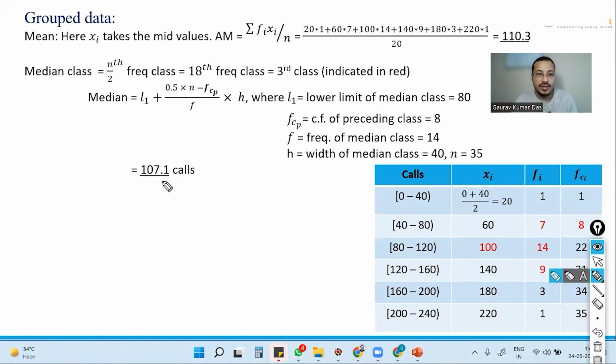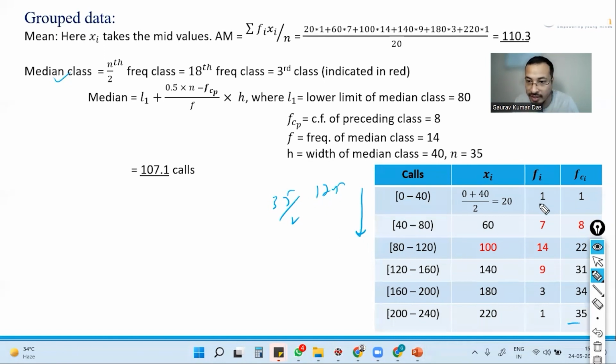When we have to find the median of grouped data points, we first find the median class, and the median class corresponds to the n by 2 interval. So if we have 35 data points here, 35 by 2 is 17.5. If we keep going below, just like we did for discrete data points, that particular interval will correspond to 50% of my total cumulative frequency or total number of data points.